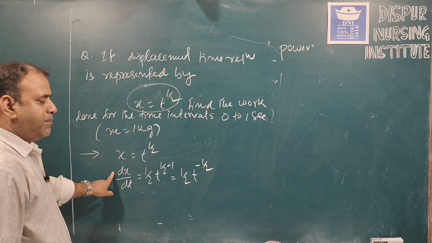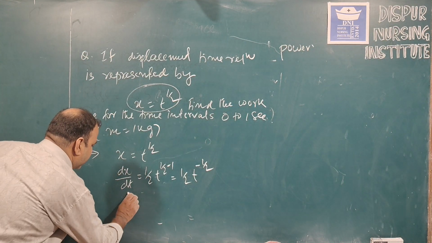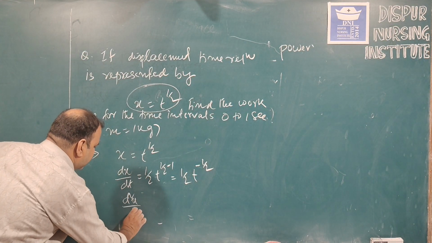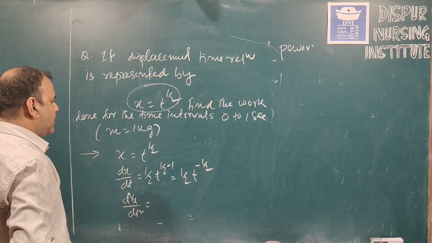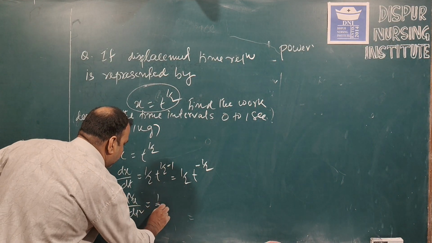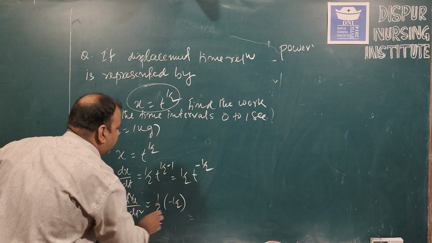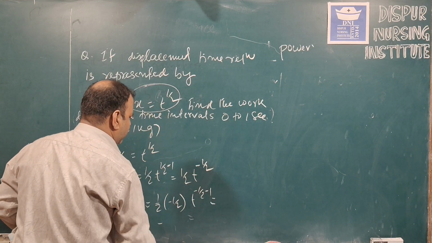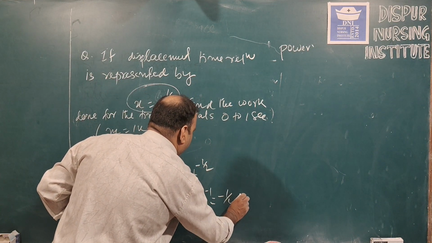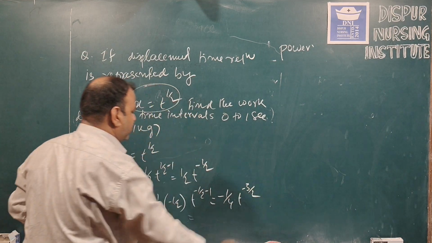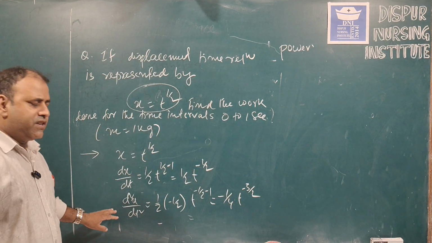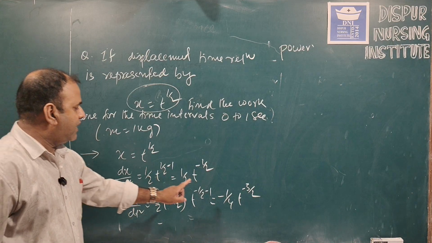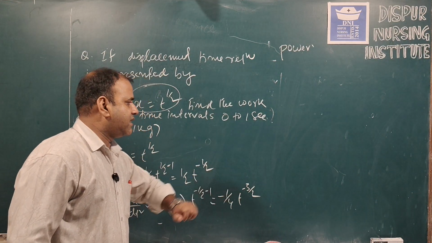This is the velocity. Now the double derivative, d square x by dt square: again minus half, and t to the power minus half minus 1, so it will be minus 1 by 4 t to the power minus 3 by 2. So after two differentiations we are getting minus 1 by 4 t to the power minus 3 by 2.